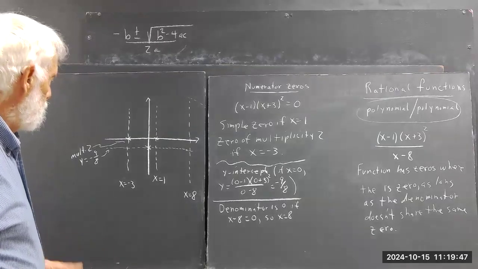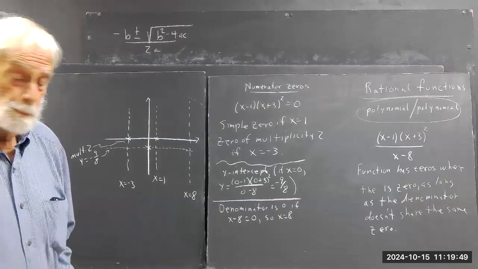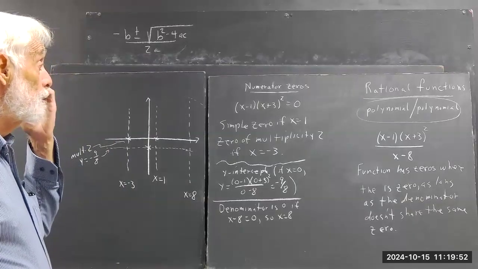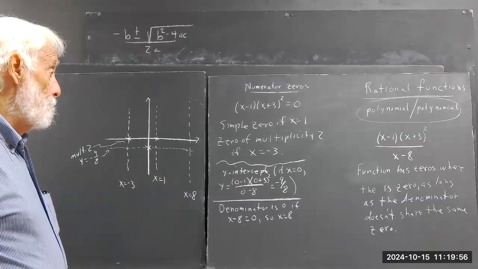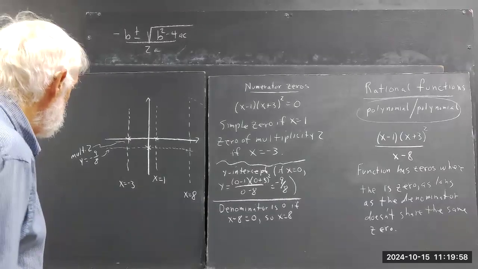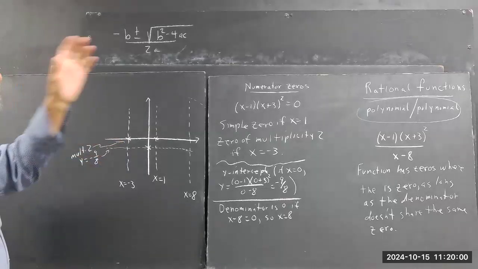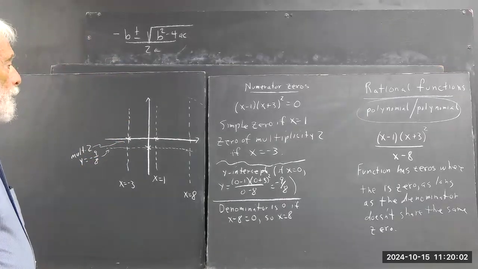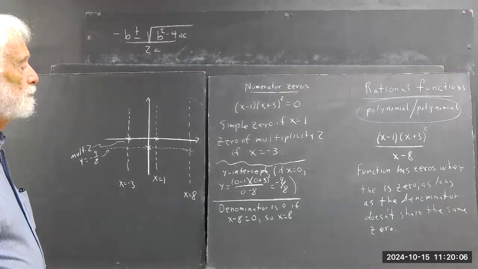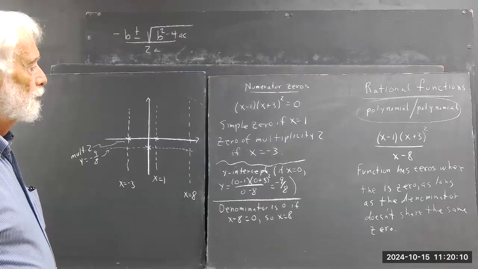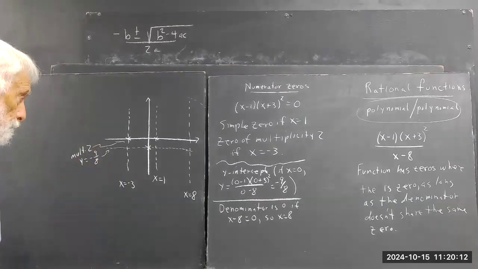Near 0 at x equals -3. What is the graph? Well, okay, back up a second. I'm not sure I want to go there just yet, so I'm going to stick with what I'm doing. Okay.